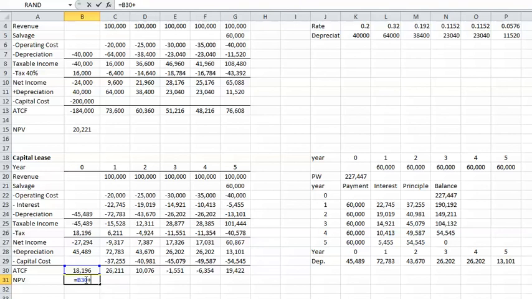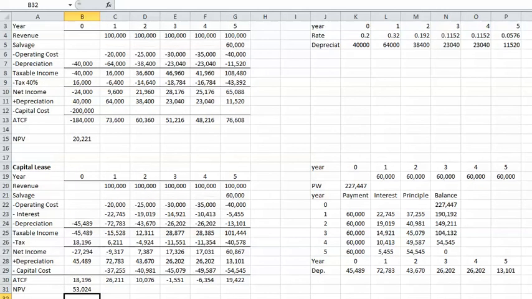We can use the NPV function for the rest, with 16% interest, on the cash flow from year 1 to year 5. You can see here this has the highest NPV among the three other alternatives that we had: the purchase, the operating lease, and the capital lease.